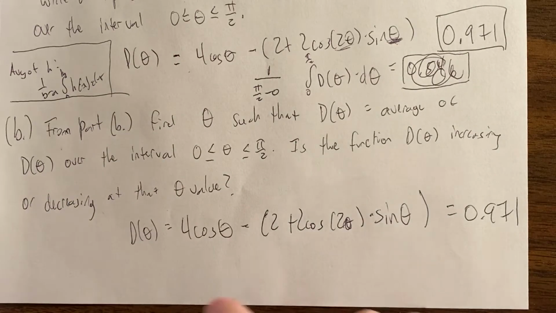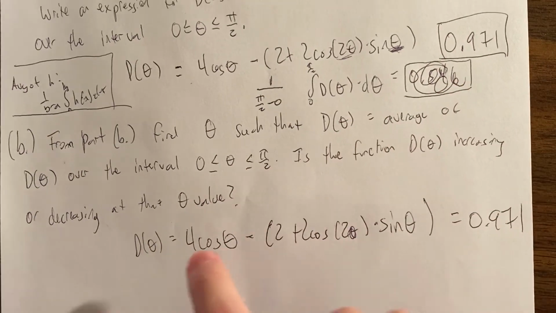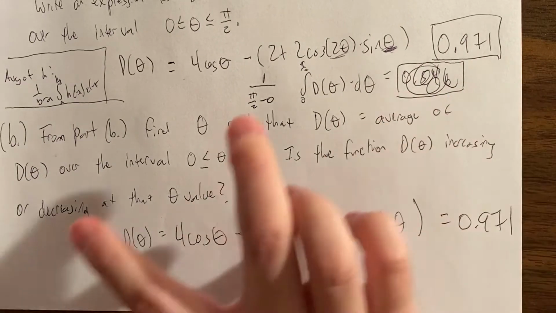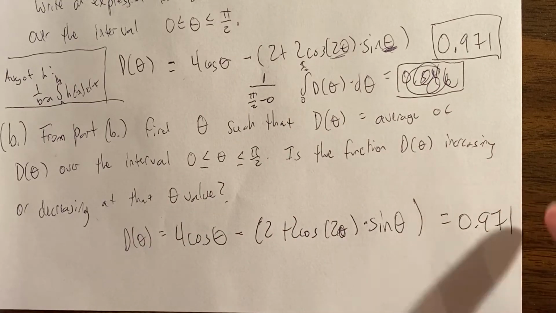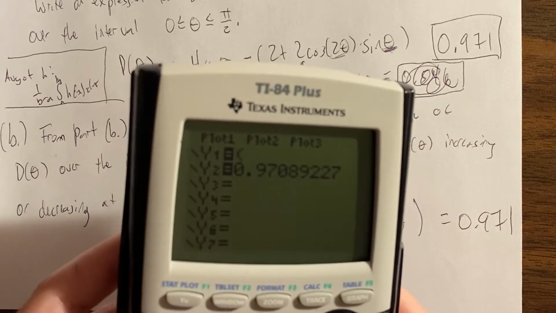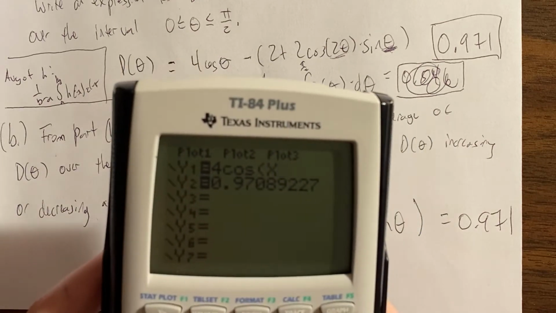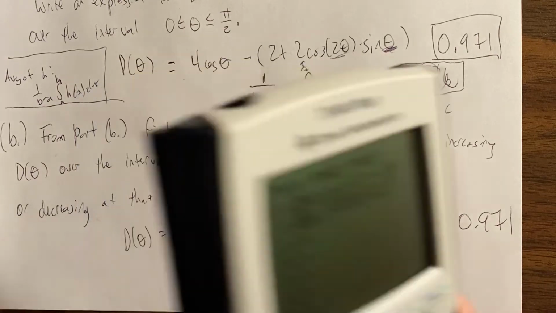Again, what we're doing is setting up an equation. We want the distance, which is one radius minus the other radius, to be equal to the average of d, which will be this right here. So it's going to be 4 cosine of theta. Again, you have to be very careful with parentheses. People are more likely to miss the parentheses than the actual math.